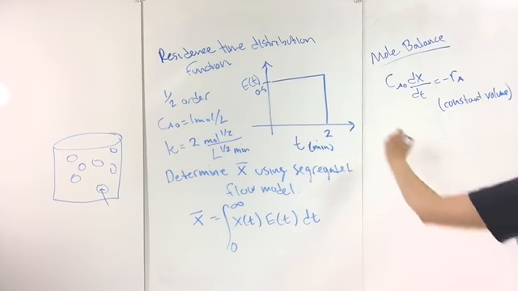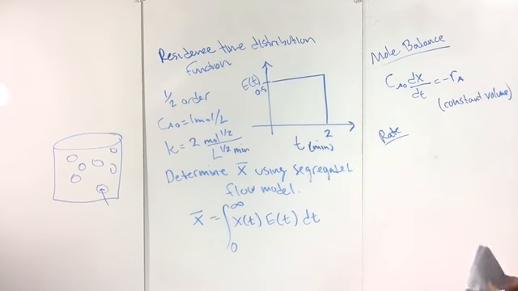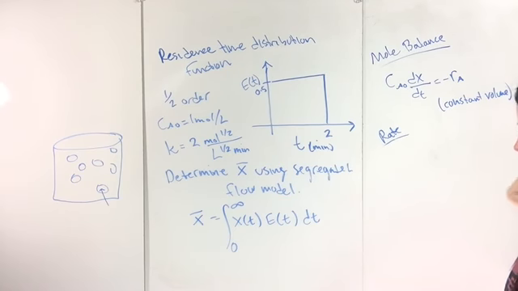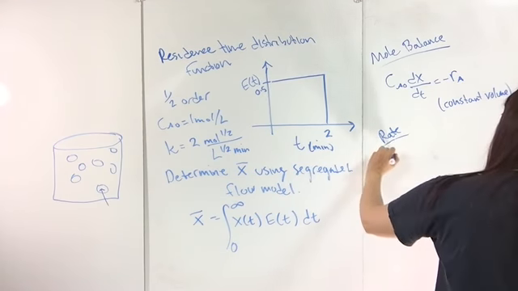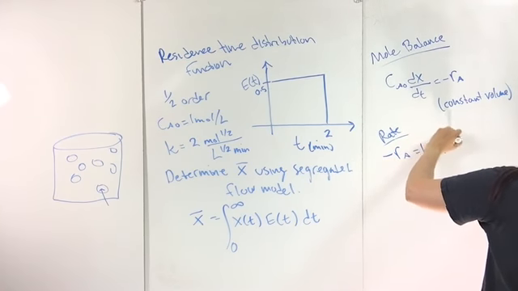And then we have the rate. So if you look at the example in the book, they solve this using a first order batch reactor. So this is basically the same method, only now we have a half order equation. So the rate is equal to kCa to the 1/2.